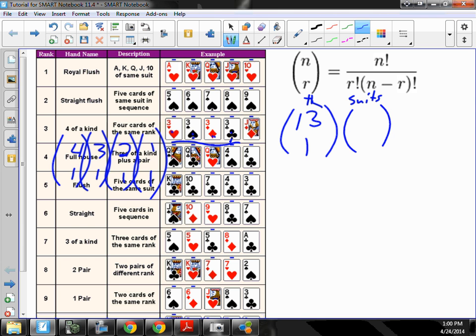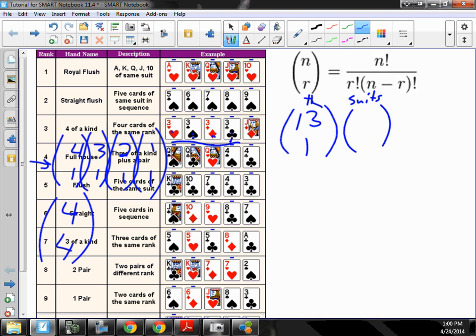Okay, so here's the other way to look at it. Of the 4 suits, how many suits do we pick? All 4. So do you see the difference between 4 choose 4 and 4 choose 1, 3 choose 1, 2 choose 1, 1 choose 1? This one only applies if switching the suits changes the hand.